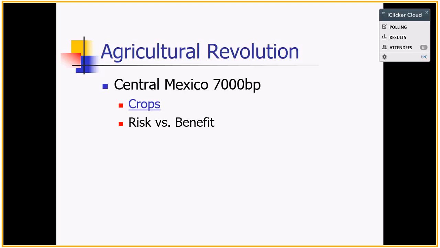But as late as the 1890s, 400 years after Columbus gets here, there's still American Indians that prefer to hunt. And so not everybody adopts this model.